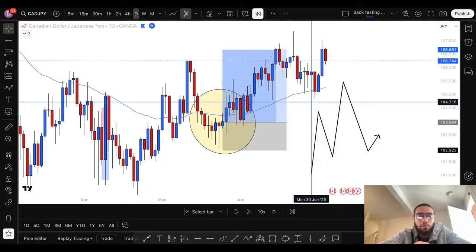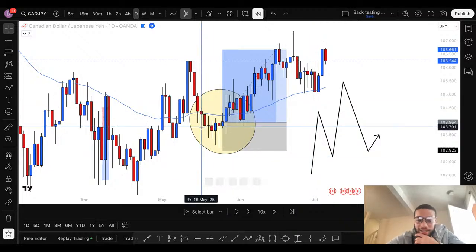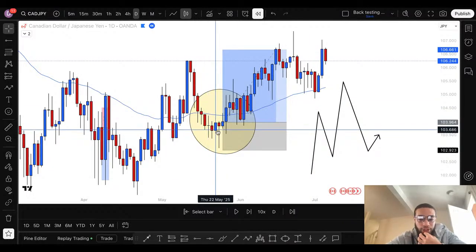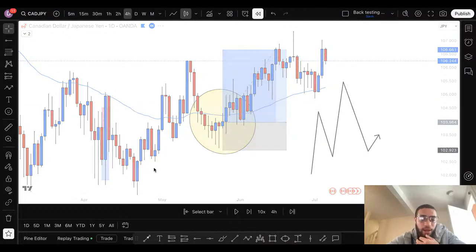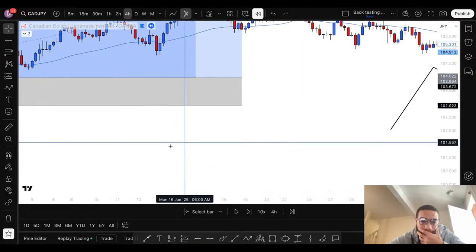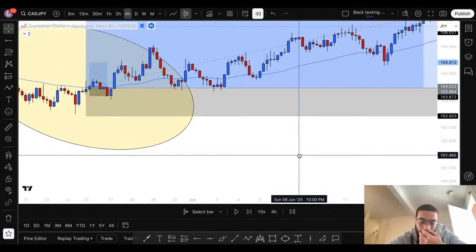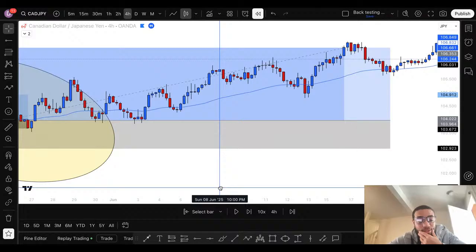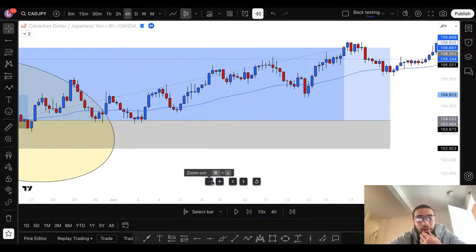Now, obviously, there's a lot more price action that we're looking for. So when we're looking for an entry, we're looking for an engulf candle. Now, the daily here, it has rejections. Now we come down to the 4 hour. On the 4 hour, what are we going to look for?